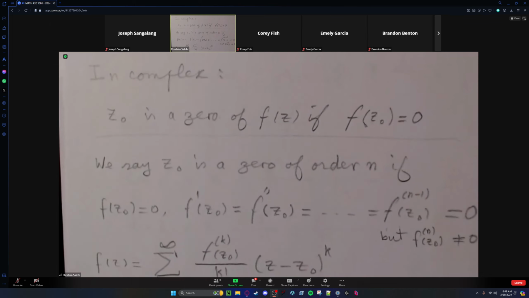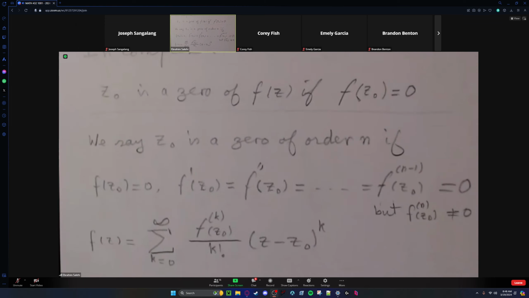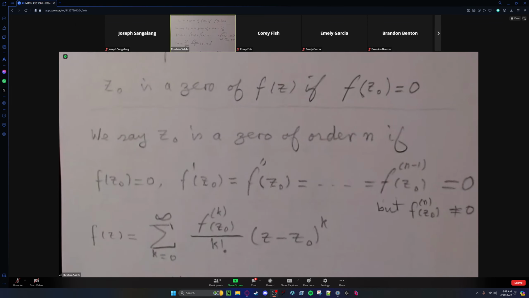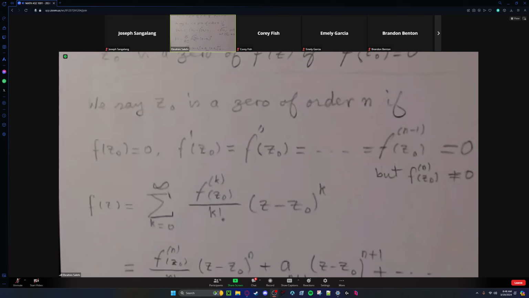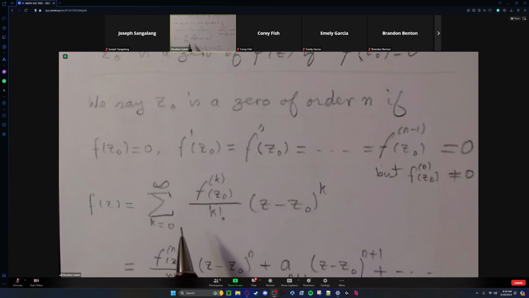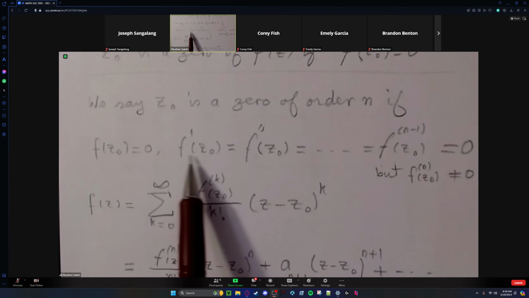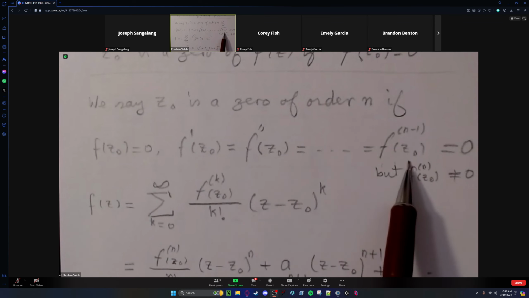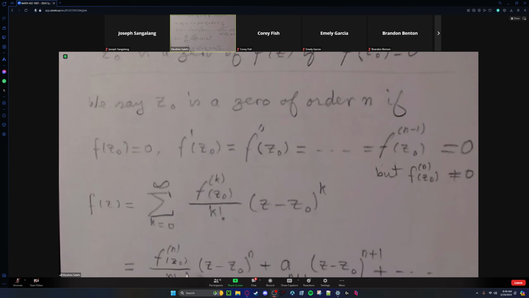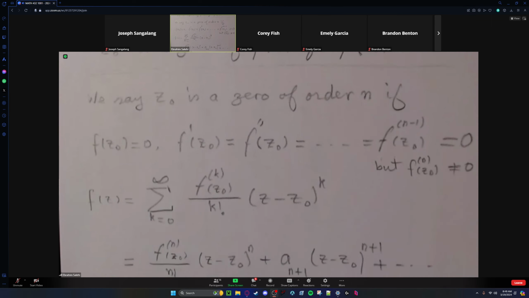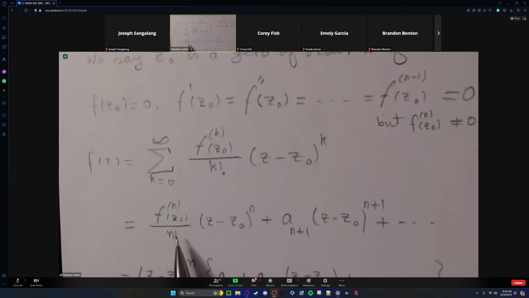Well, if it is 0 of order n and the function is, let's say, analytic at that point, we can write the Taylor series. And in the Taylor series, if these guys are 0, we replace them by 0. The first term will be this one, and second term, and so forth.